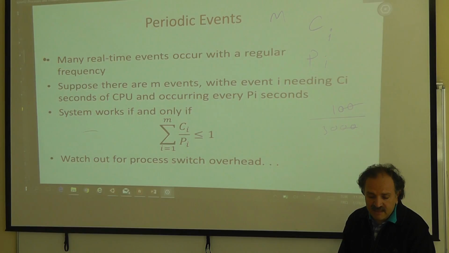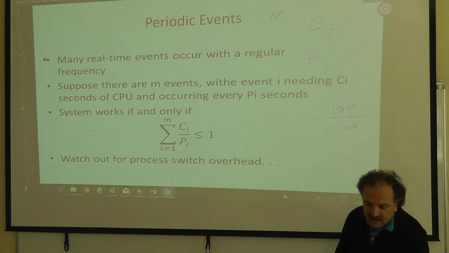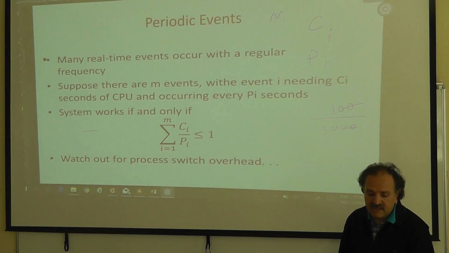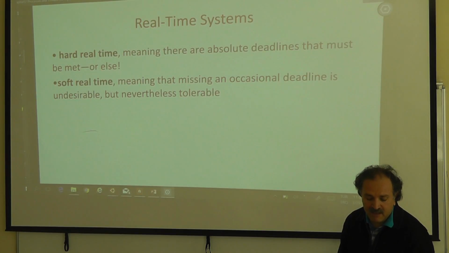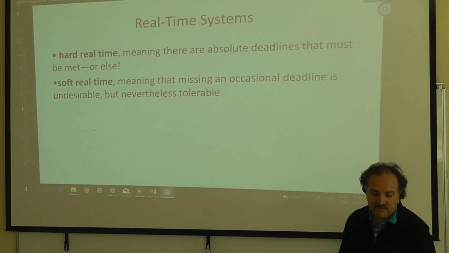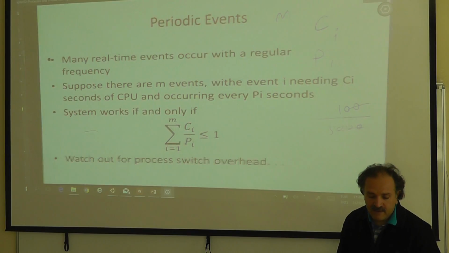This system is valid, can be kept up, if this summation holds. If this summation of Ci over Pi is less than 1.0, then that means that I can schedule all of these tasks in my real-time system. Otherwise, some of the jobs have to wait for some duration. If they have to wait, then I will miss my hard real-time tasks, or sometimes I will miss my soft real-time tasks.